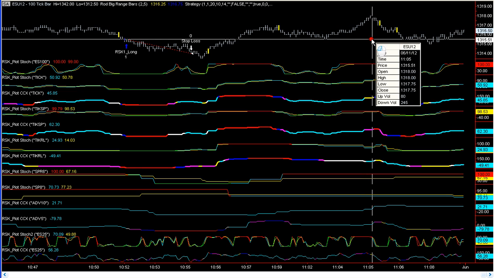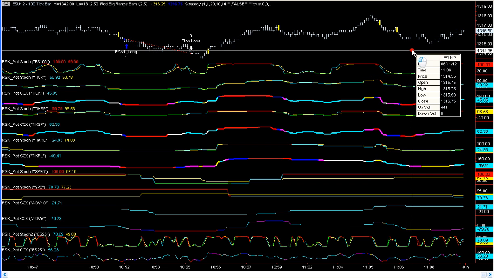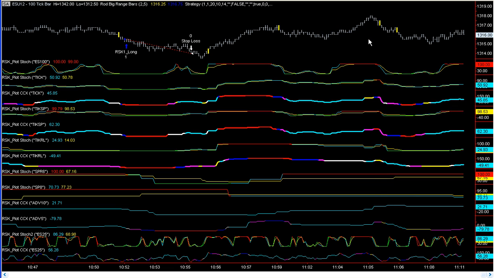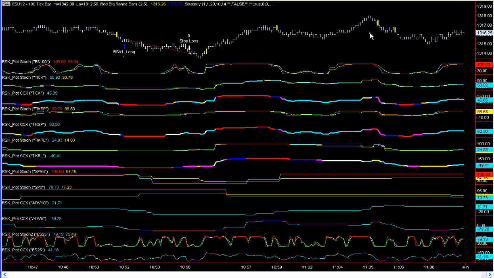There's your 11:05. Market at a high of 18, dropped into 15. That's a 3-point potential move, but you can see how that works.